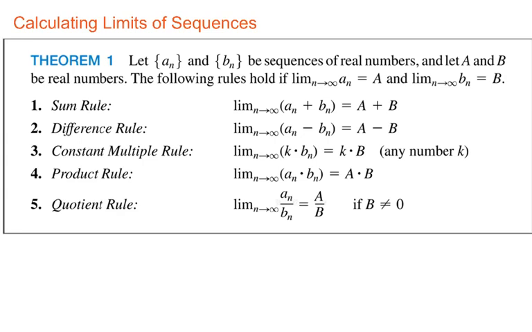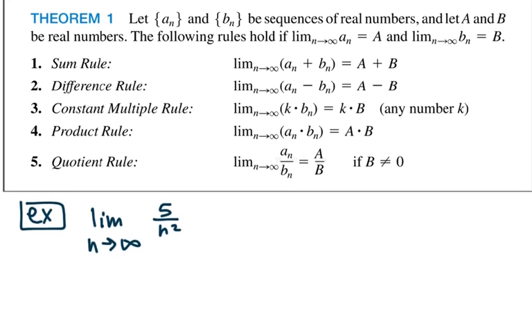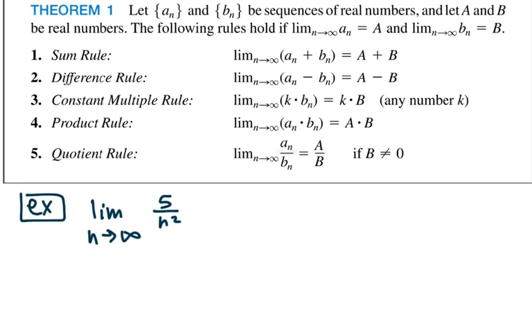Let's do an example to illustrate how we can use these properties for sequences and finding their convergent value. One thing that we know is that the limit as n goes to infinity of 1 over n equals 0.